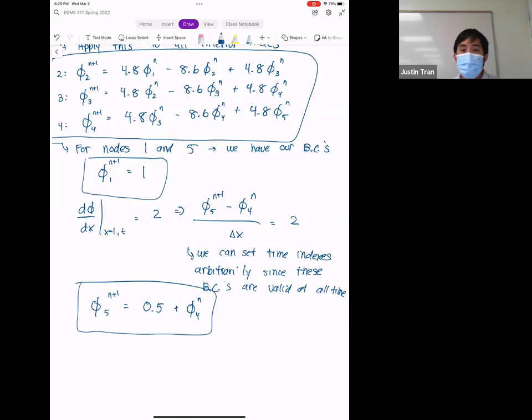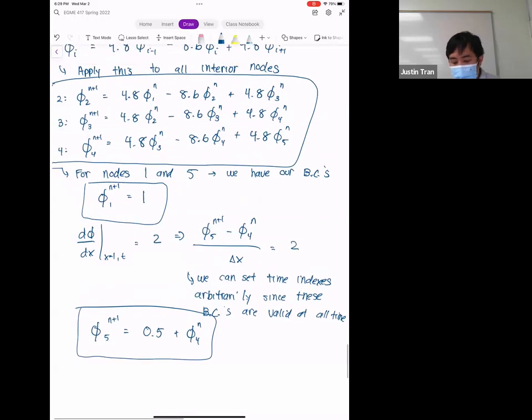One more time. Why are you putting n plus 1 again? We need an n plus 1 here because we're going to form a system of equations which has an n plus 1 for all 5 nodes. We have 5 nodes, so we need an equation for each one to get the n plus 1 value. We already have the n plus 1 equations for phi2, phi3, and phi4.